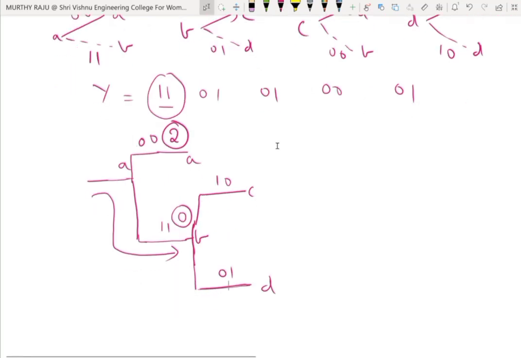Here the second received code word of length n bits is 0 1. This 0 1 is compared with 1 0. 0 is changed to 1, 1 is changed to 0. Therefore, the Hamming distance between these two is 2. The previous one is 0, so 0 plus 2 is 2. And 0 1 and 0 1 both are the same, coincident with each other.